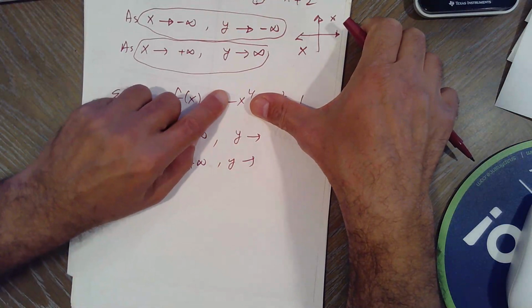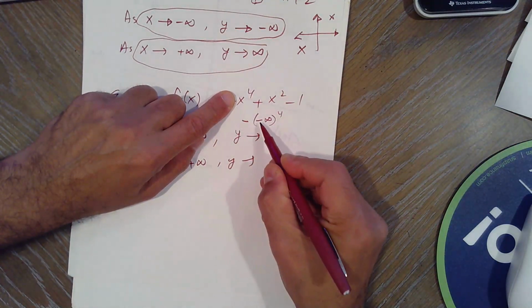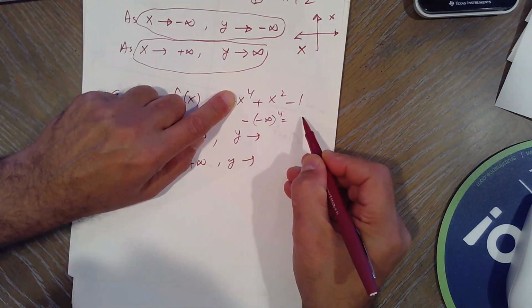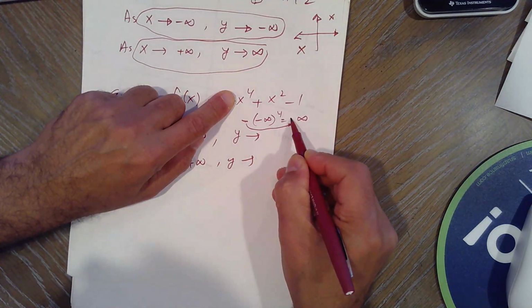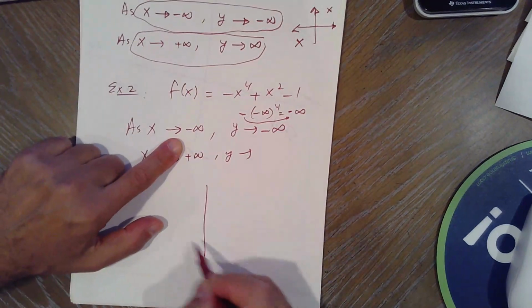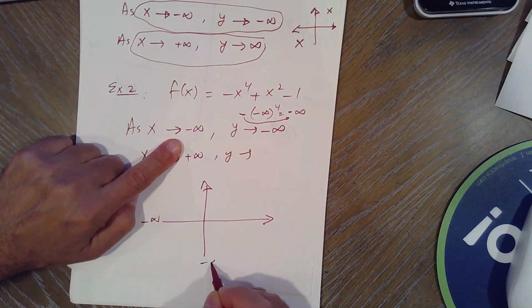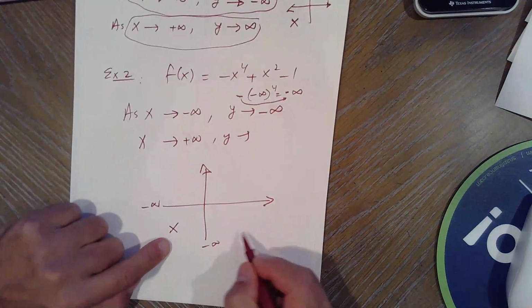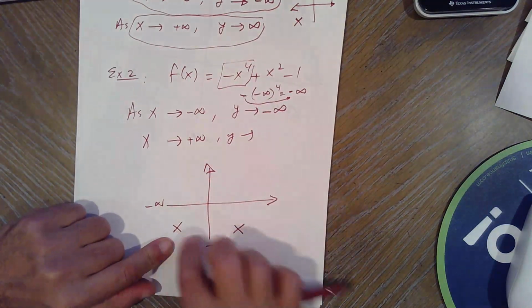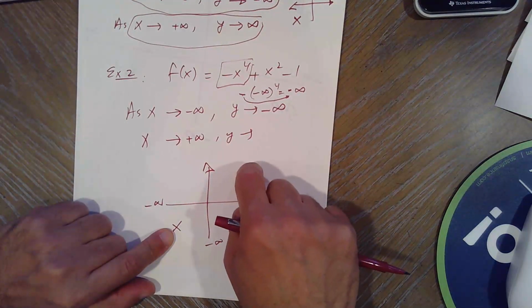If I do negative infinity to an even power, it turns positive, but then the negative keeps it at negative infinity. So you're starting here, meaning you have to end there. Why? Because the highest degree is even, so you start and end along the same side. If this was odd, then it would end there.